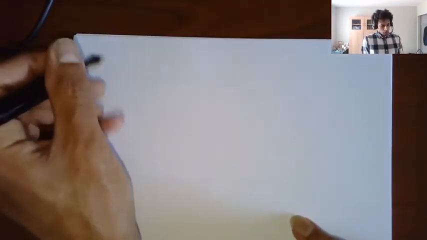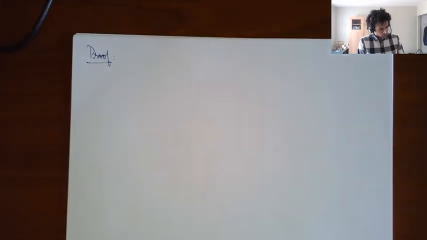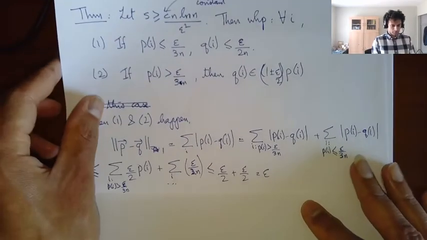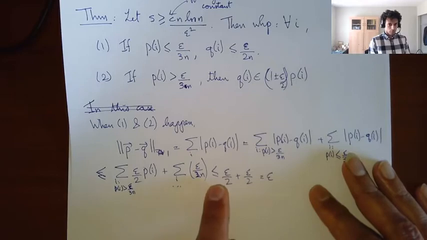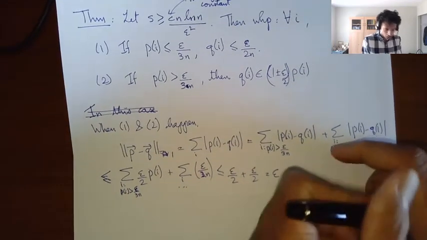Okay, so yes, this one. Yeah, it's epsilon over 2n. Is that not clear?